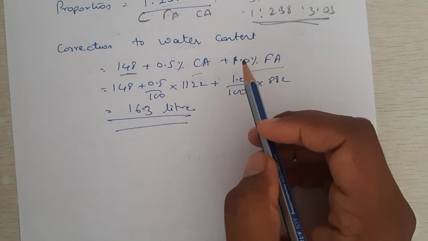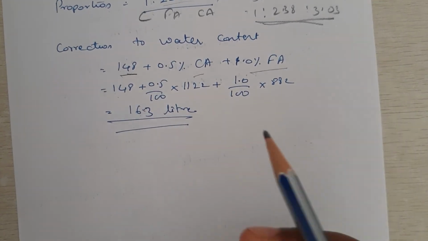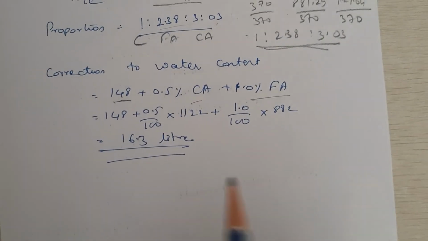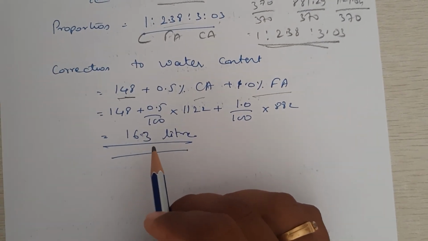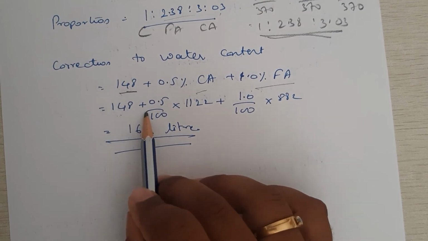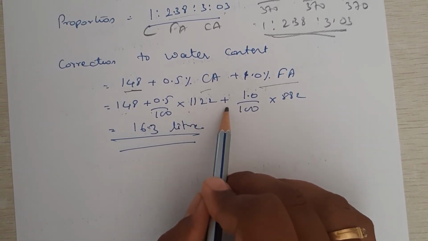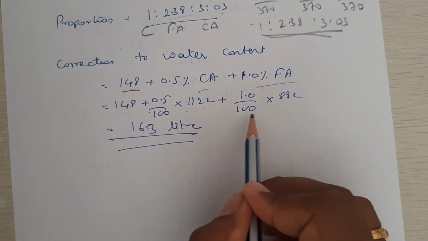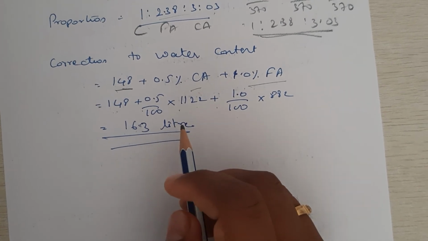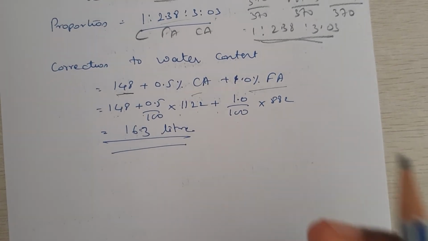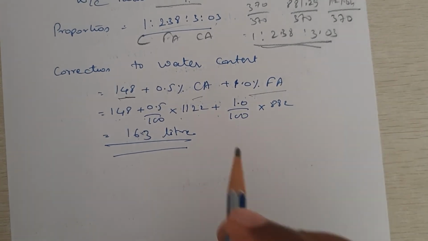So for this we will calculate how much extra water is required, so that after the absorption of the water, we know how much water will be required. It will be calculated by 148 plus 0.5 by 100 into 1122 plus 1.1 by 100 into 882, so that I will get 163 liters as the total proportion of the water required for 1 meter cube of the concrete.